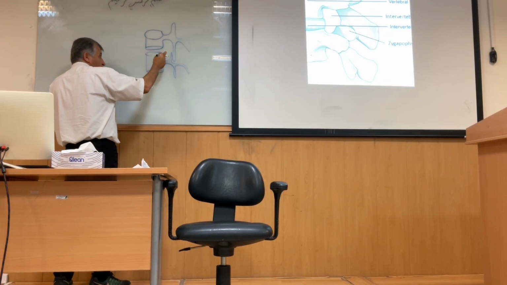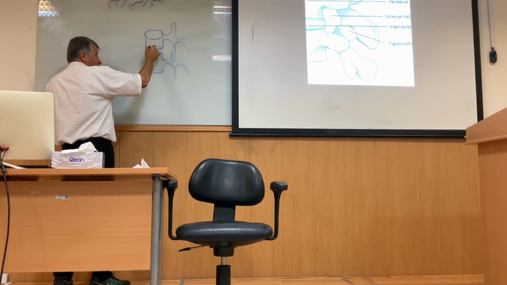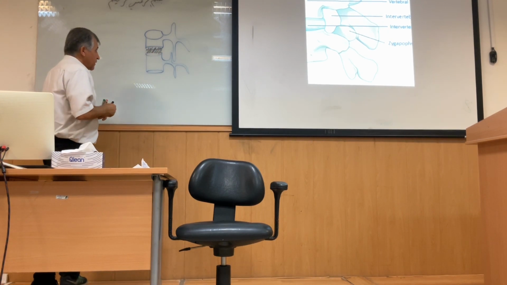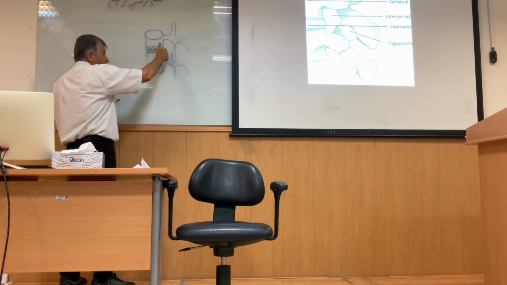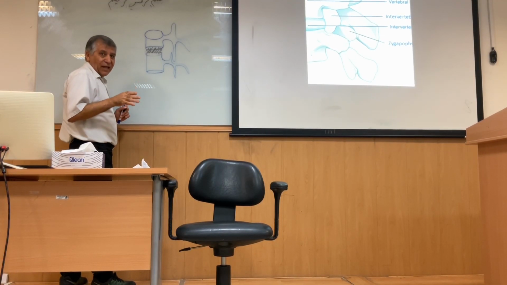Two vertebrae articulate posteriorly by articular process and anteriorly by intervertebral disc. Okay? This area is called intervertebral foramen for exit of the spinal nerve.